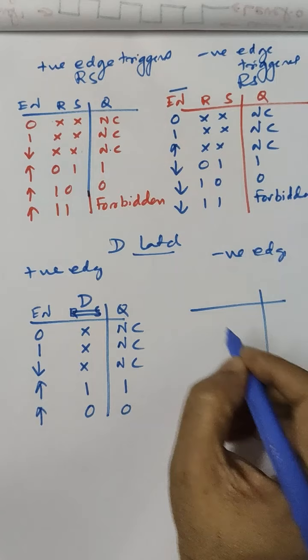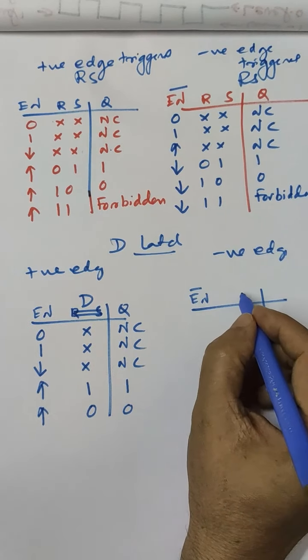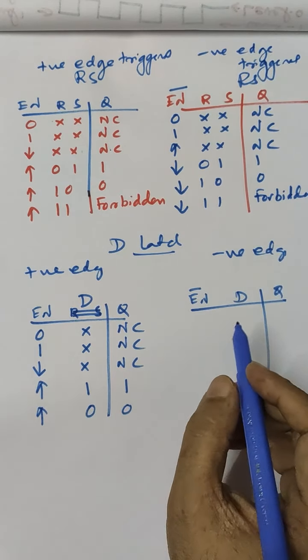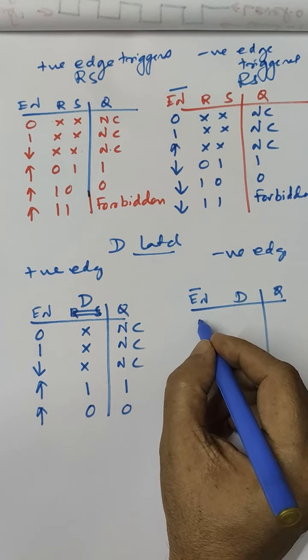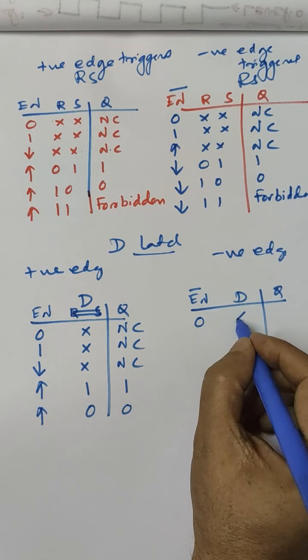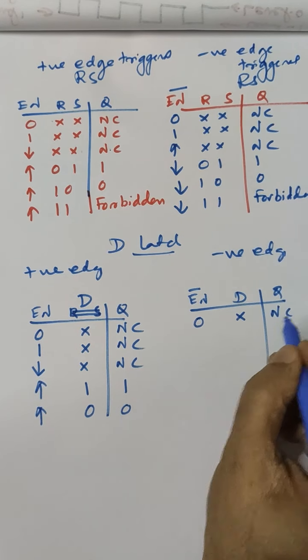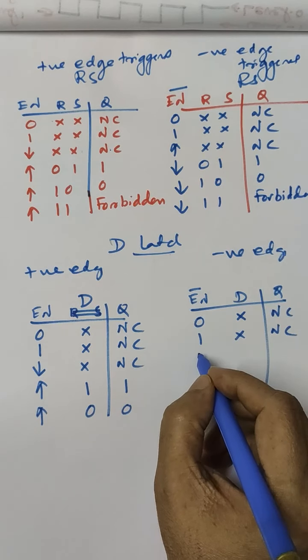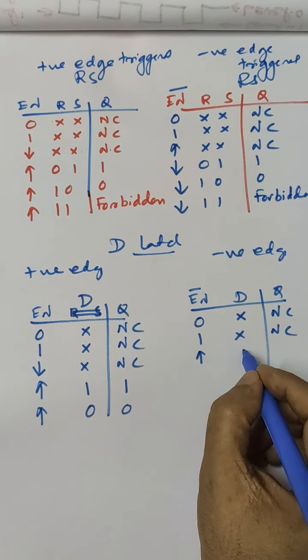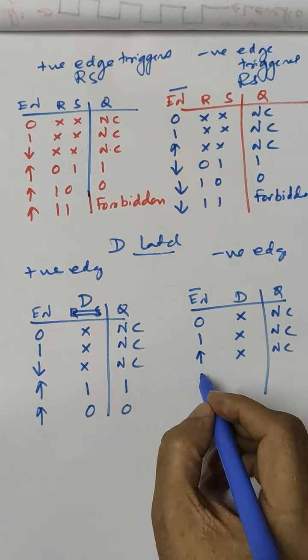And here, enable, D, Q for the negative edge. Similarly, you can write 0 X no change, 1 X also no change, positive edge no change, and change only for the negative edge.